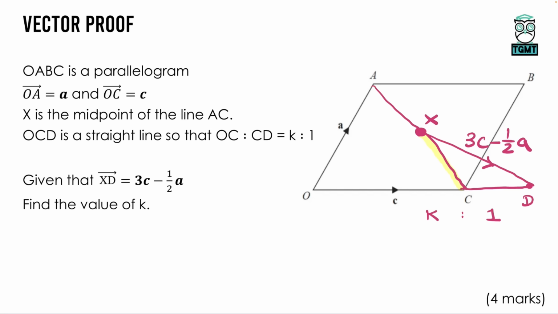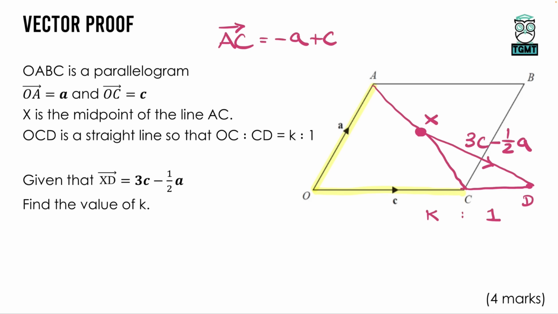But we're going to start by having a look at the full vector, so to get from a to c. So to get from a to c, based on the vectors we've been given, we'd have to go down to O and then across over there to c. So if we label this the vector a to c, indicating the direction there, that would equal minus a, as we're going backwards through the a, plus c.